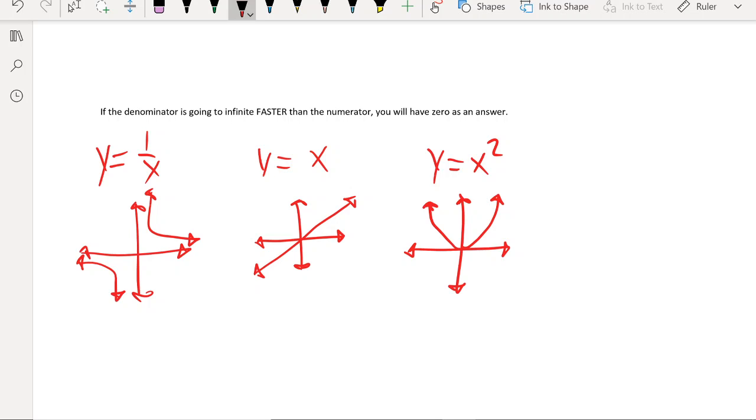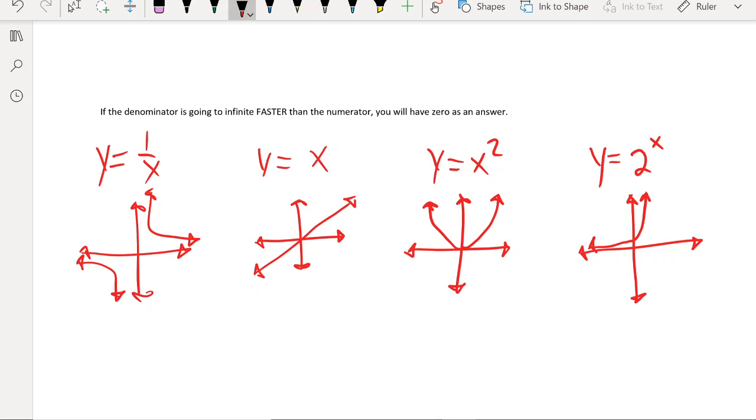So the slope is bigger as I go up. Or, even better, what if I have y equals 2 to the x? That's exponential. So then that's going to go even faster. It's going to skyrocket. That's going to infinity much faster than an x squared function, or x cubed, or x to the fourth, or any power of x.